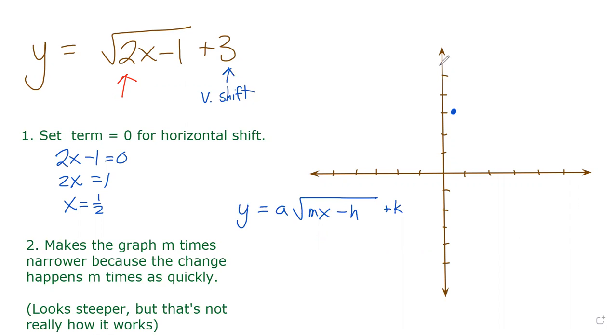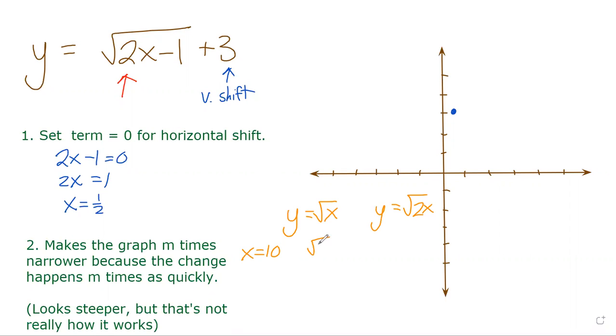Why is that? Let's put in a number here, and I'm going to do a separate example just to eliminate the complication of that minus 1 for a second. So let's compare y equals root x and y equals root 2x. I'm going to say, if x equals 10, I just want to get a few numbers out here that we can talk about.